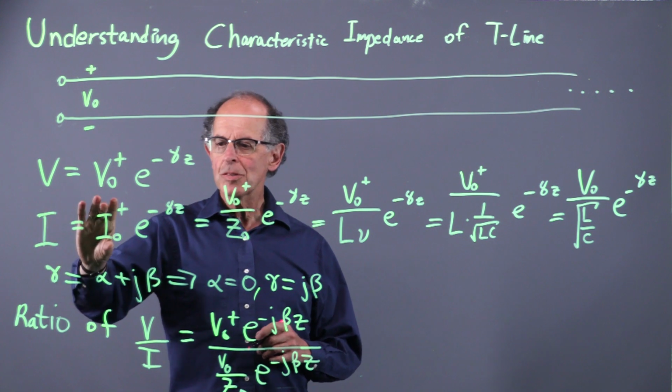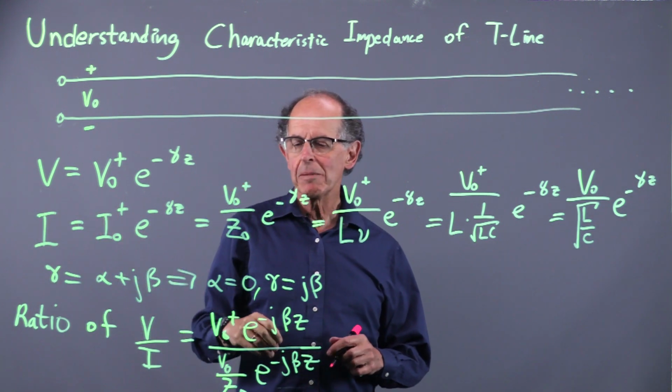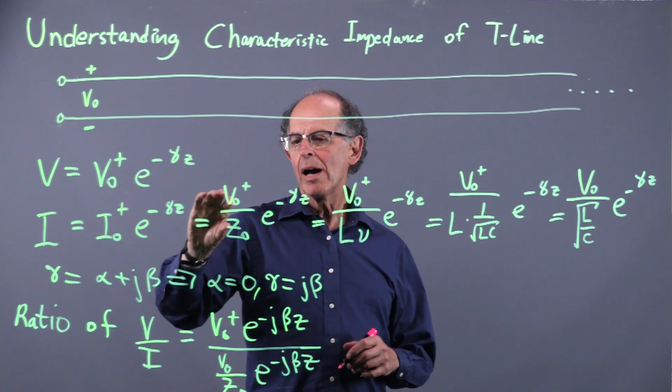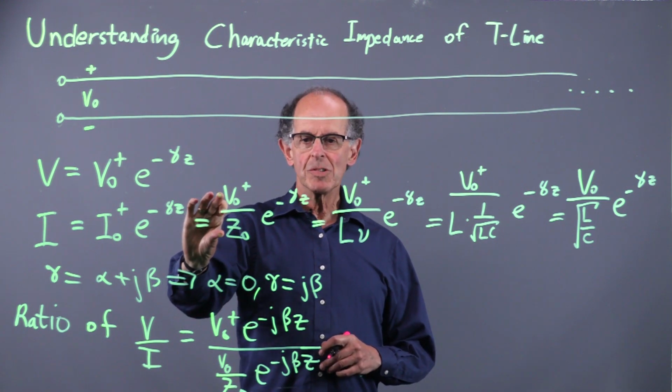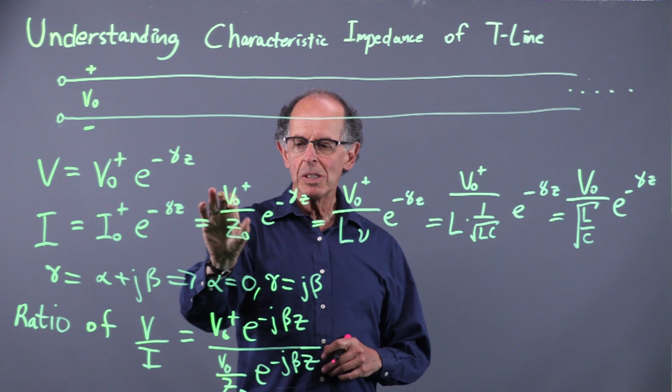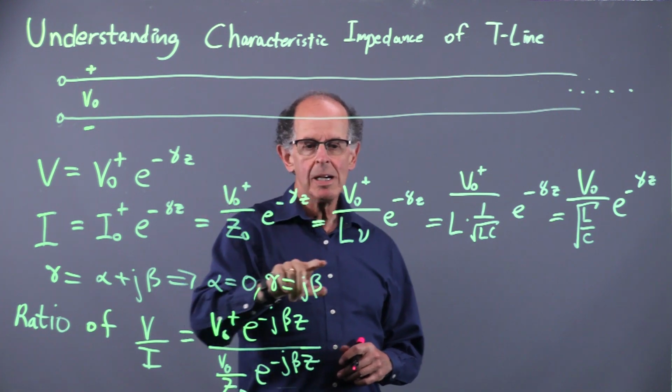The current is I naught e to the minus gamma z, and I naught is the voltage divided by the characteristic impedance Z naught. We're trying to get some intuition around Z naught here.